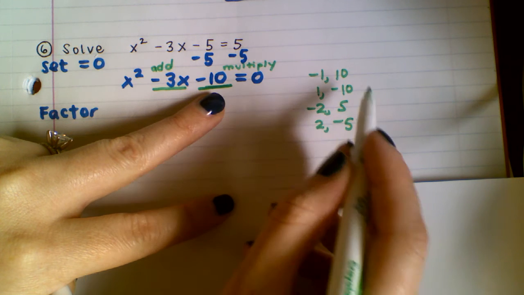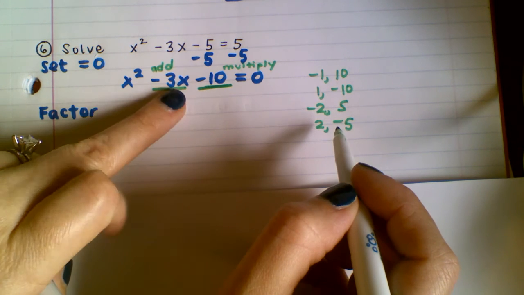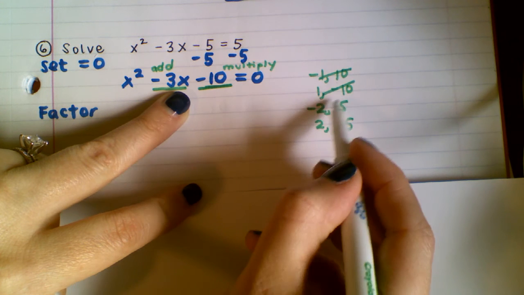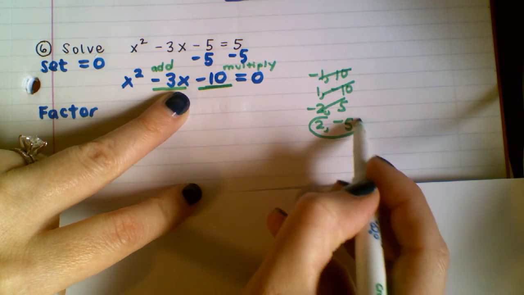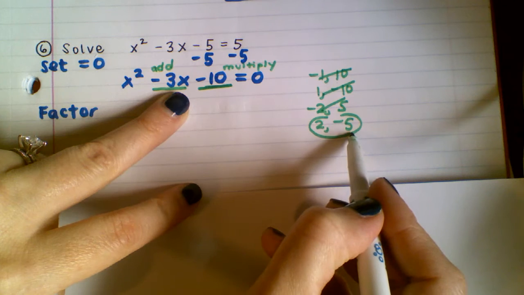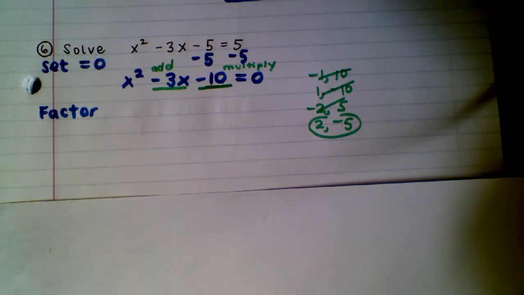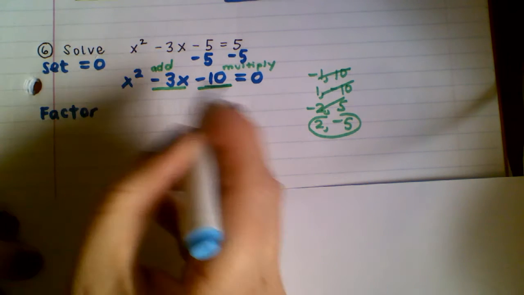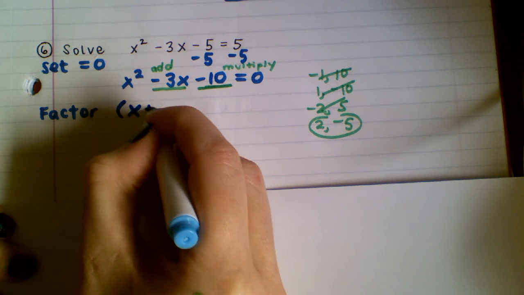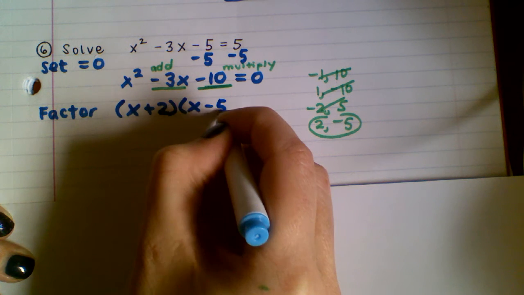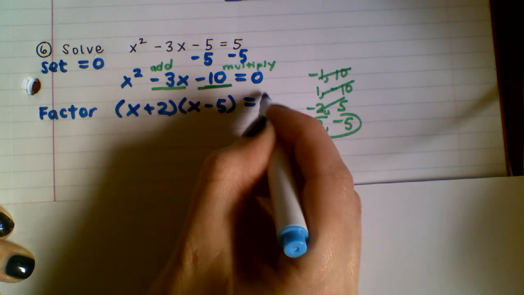Now, from this list, which pairing also adds up to -3? And that would be the last pairing, because 2 plus -5 is -3. So I will factor using those 2 numbers to x plus 2 and x minus 5 still equals 0.